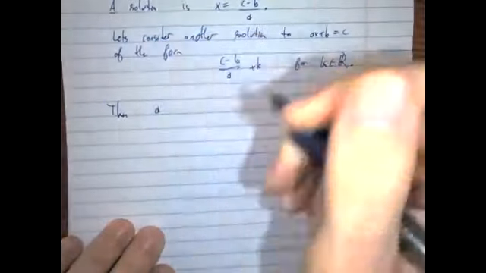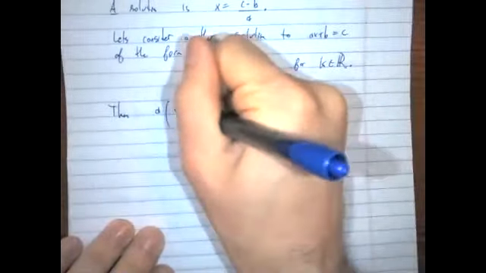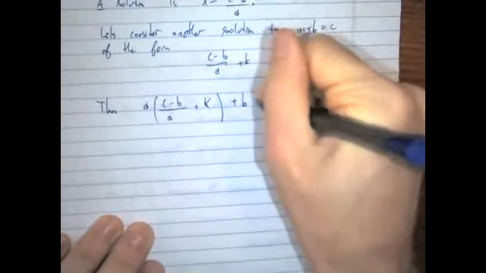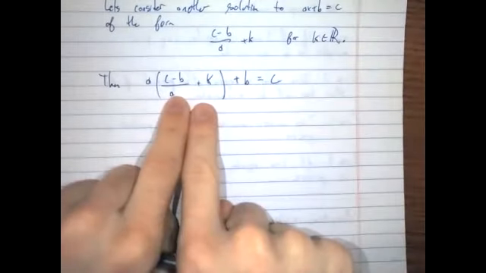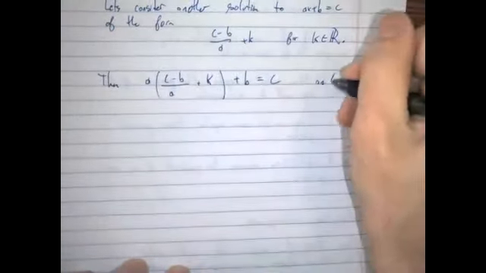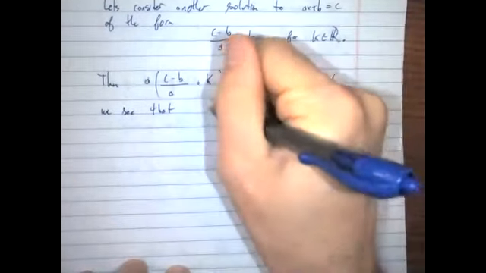Then we check. a times c minus b over a plus k, plus b is equal to c, right? Because this is supposed to be a solution. And we see that the a's will cancel.